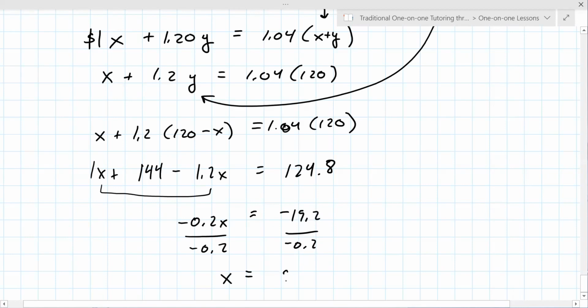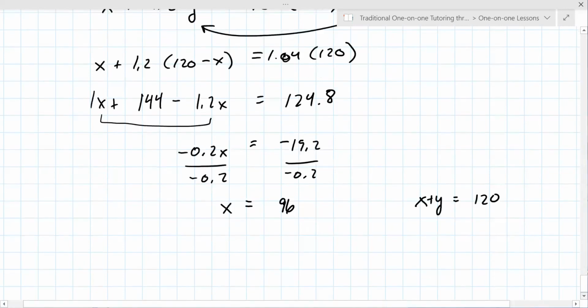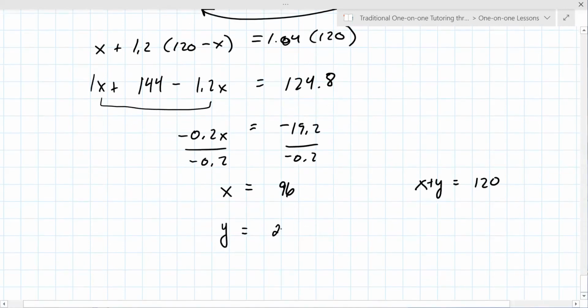It equals 80, I'm sorry, 96. Okay, so we're not done though. That's just X, but we know that X plus Y equals 120. So that means that Y must equal 24 pounds.